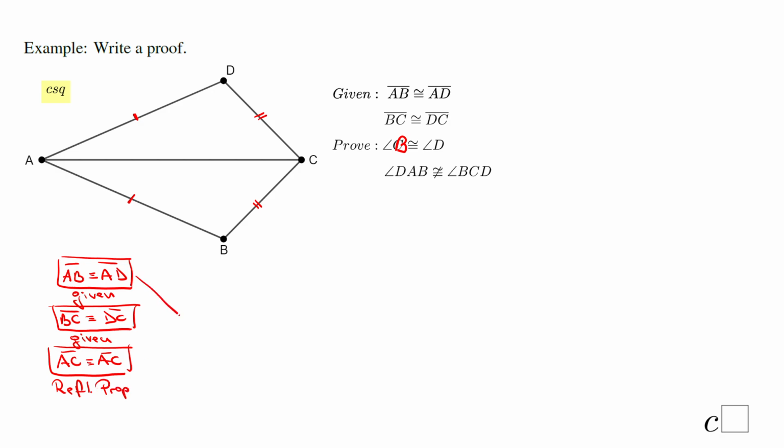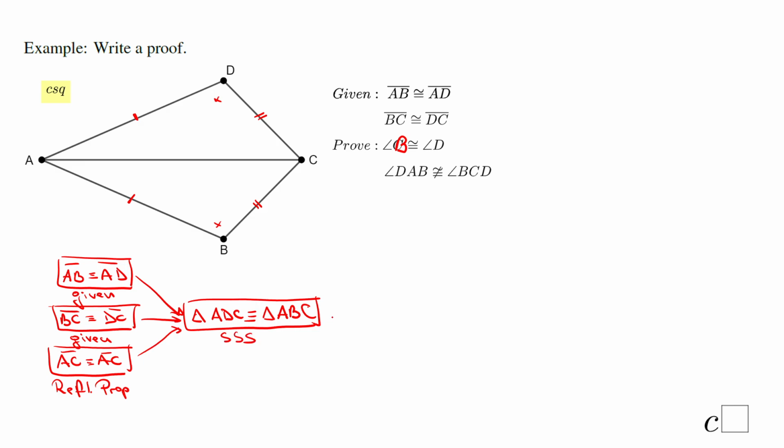So based on these three statements, what can we say? That these two triangles are congruent. Triangle ADC congruent with triangle ABC. Be consistent when you write this statement, and this will be based on the side side side postulate.